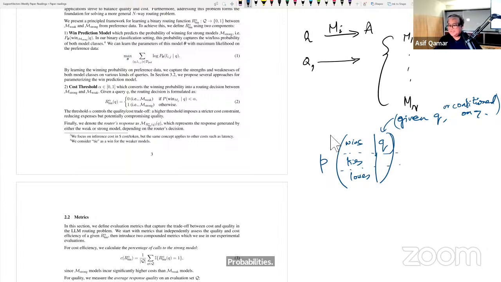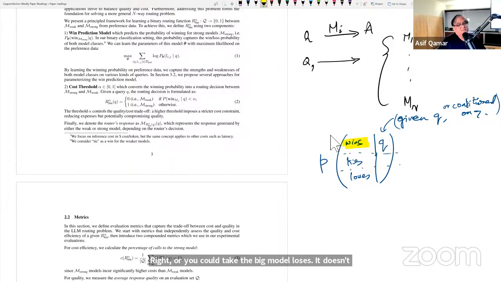So let us say that I took a particular query, Q, and let's say that in that particular query's case, the real answer was that the big model wins. I'm just taking it hypothetically, right? Or you could take the big model loses, or ties. It doesn't matter which of the three cases is true. So the machine will come up with a probability. You know that it won.